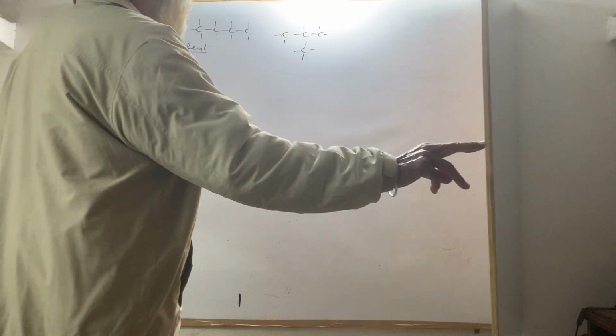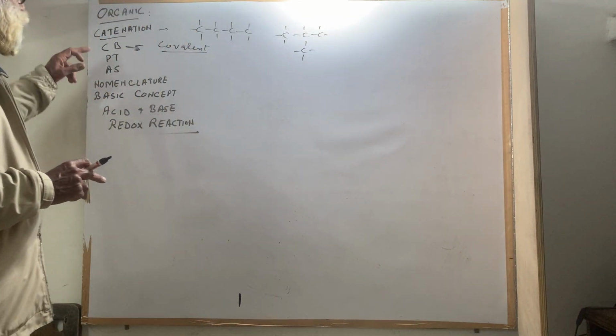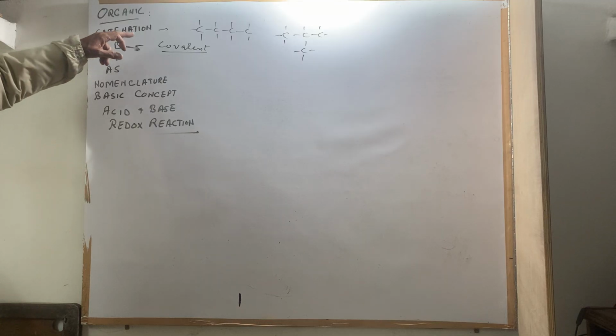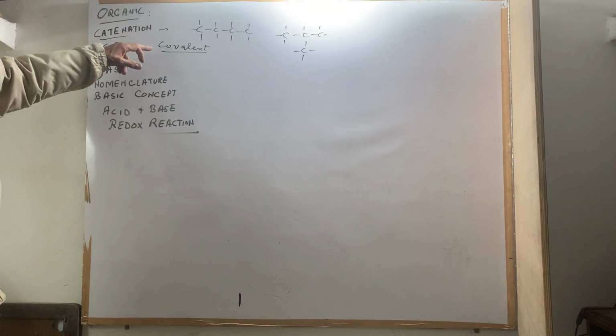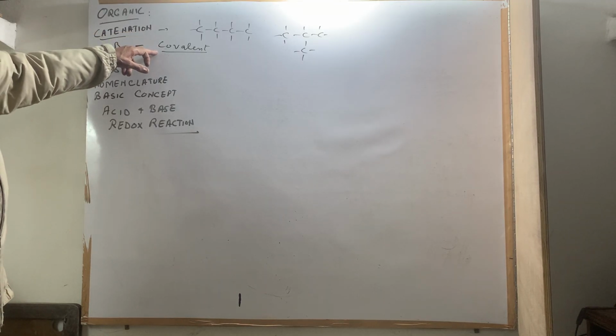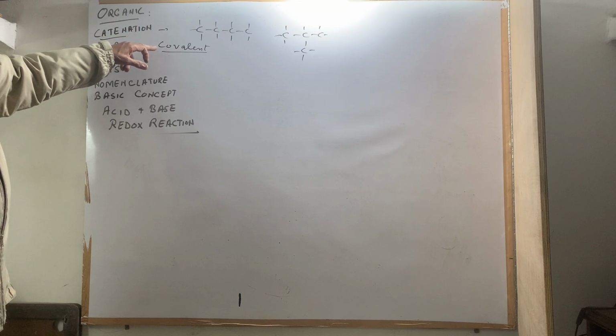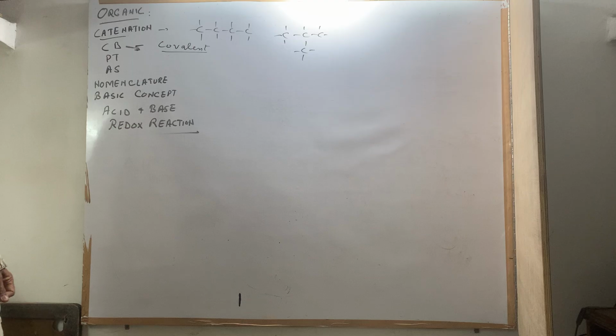What is the difference between a covalent bond and an ionic bond? In a covalent bond, the percentage of ionic character is less than 50%. In an electrovalent bond, the percentage of ionic character is greater than 50%. Where does this percentage of ionic character come from? It comes from dipole moment. Whatever I am suggesting, one should go through it, otherwise you will always face problems in organic chemistry.